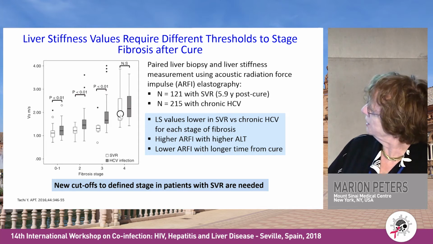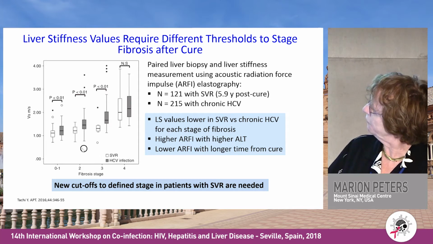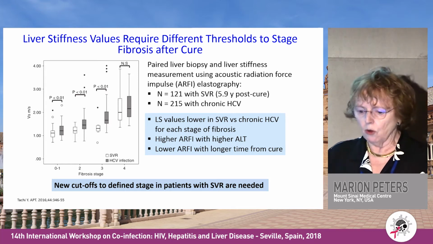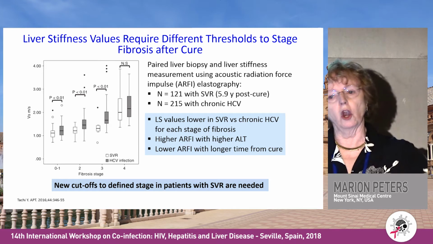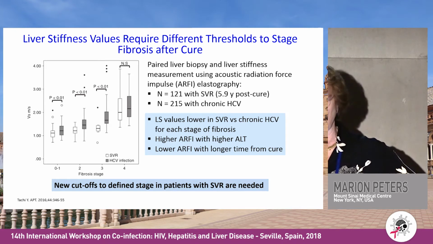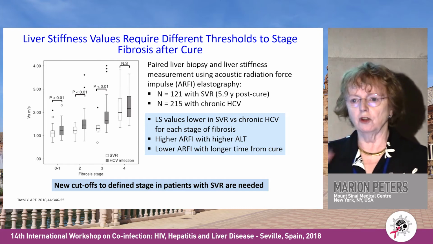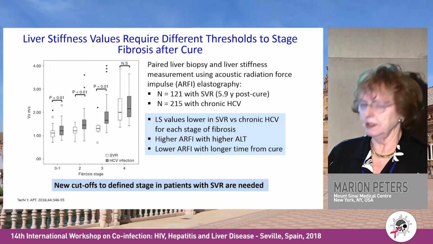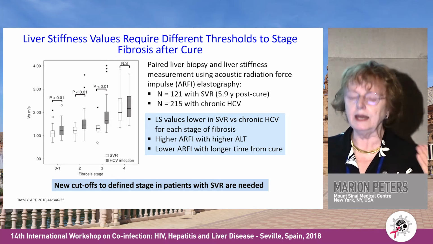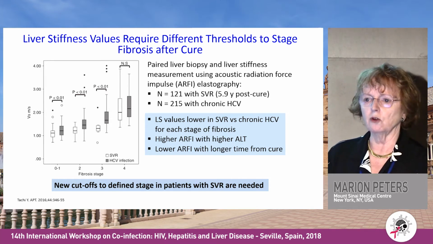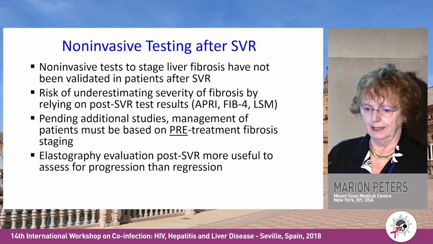So at each stage of fibrosis on biopsy, if you have a higher ALT, you have a higher Fibroscan. And also, they showed that the longer the time after the cure, the lower the RFI, even though it wasn't lower on biopsy. Summary, we need new cutoffs in patients who've had SVR or cure after hepatitis C.